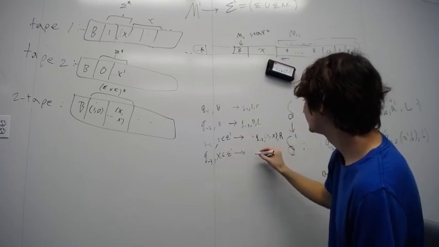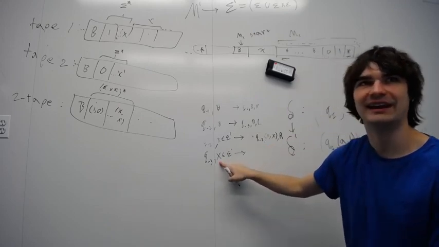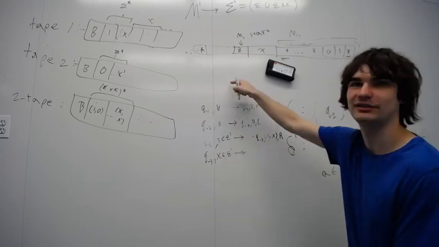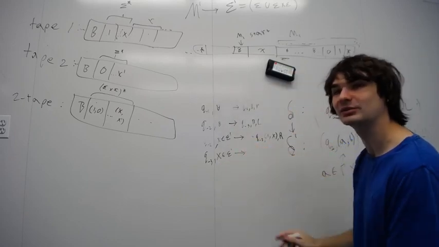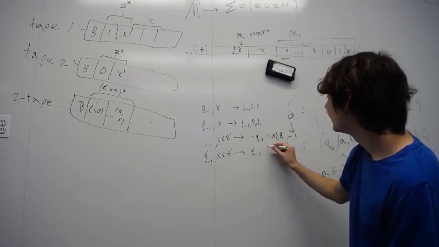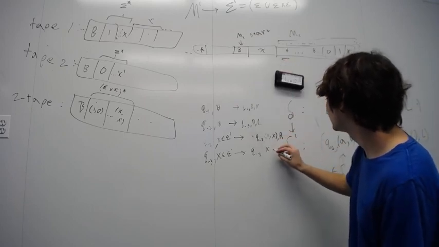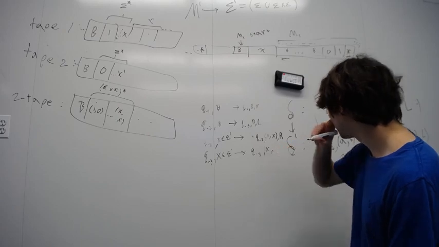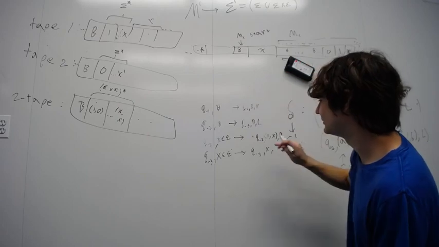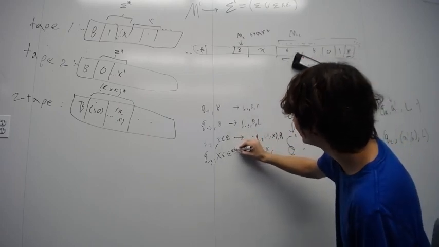Honestly the easiest way to do this is probably to reserve some variable and say X is some arbitrary element in sigma prime. And then you say that above, and just define transitions with respect to X. Moves to Q -3, writes X, and L. Technically you could do it like this if you really want to be specific, but we know that this is the case just based on our rules.